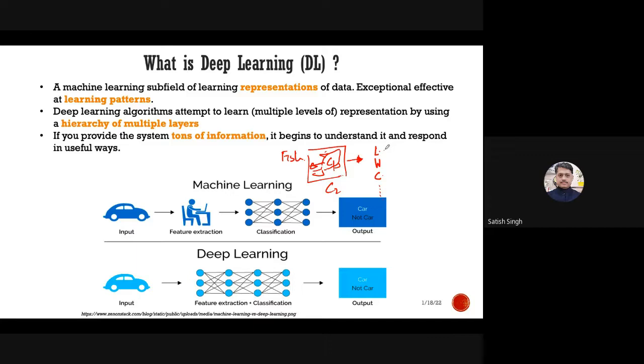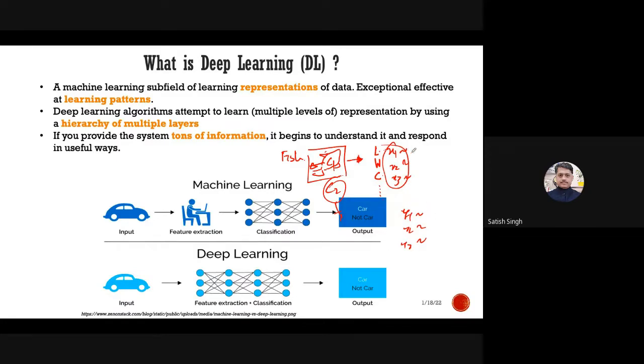So you need to represent these, suppose as x1, x2, x3. And if there is another class of fish, then this may be y1, y2, y3. And there is a slight chance that these may be slightly varying.